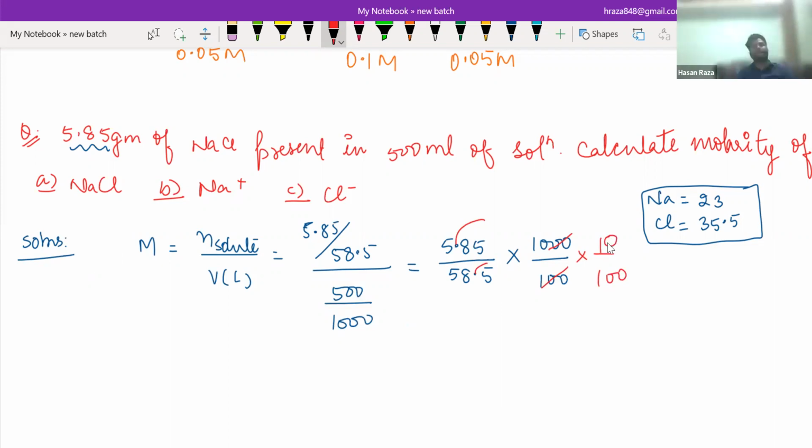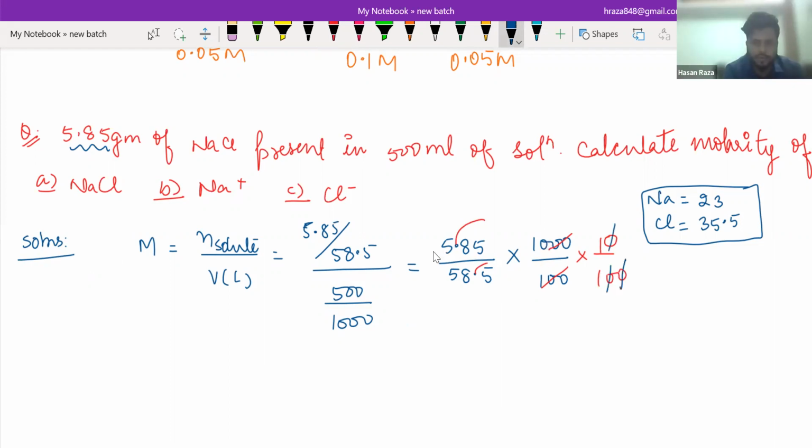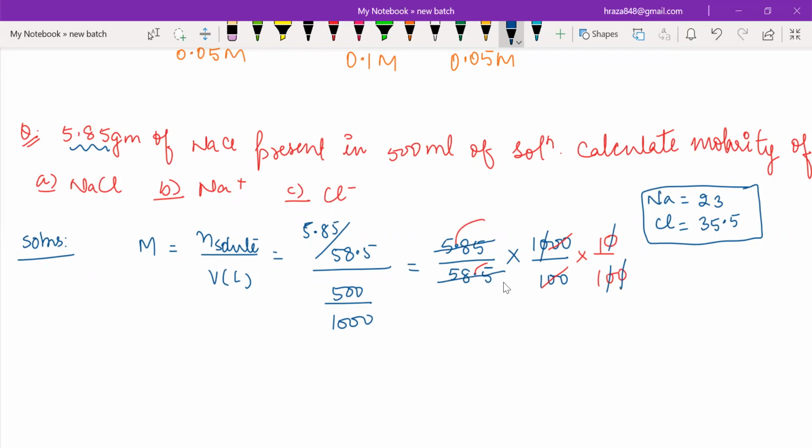Now 10 will be cancelled by 10, and 585 will be cancelled by 585. Then how much molarity do we have? 1. Yes or no? Yes, sir.